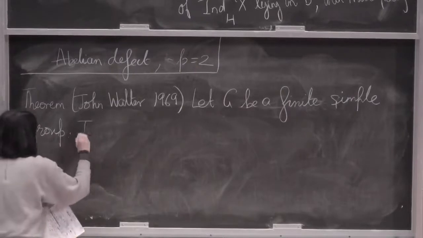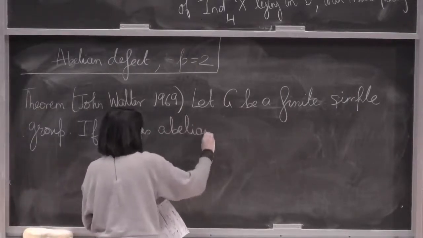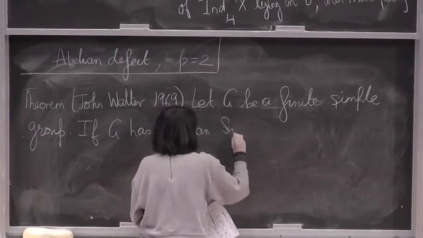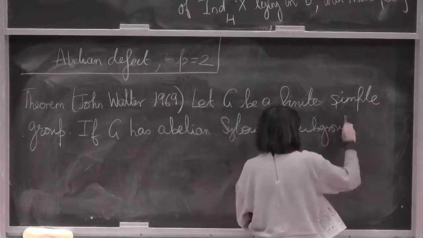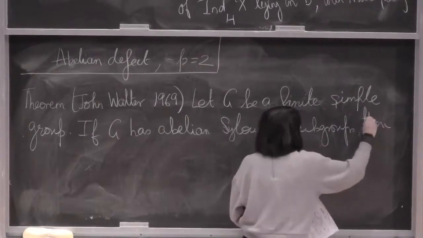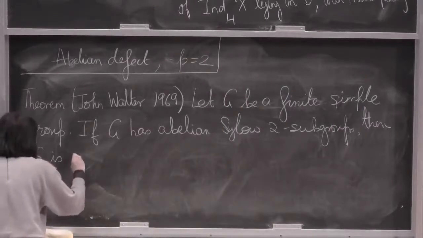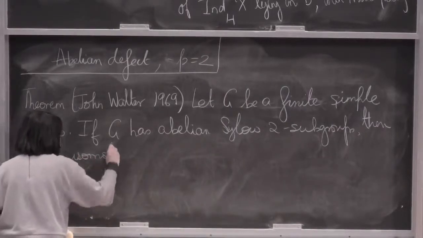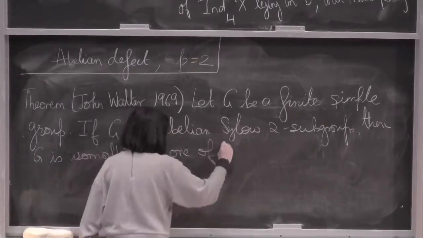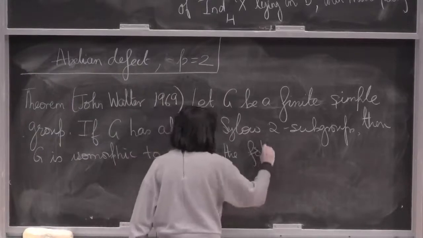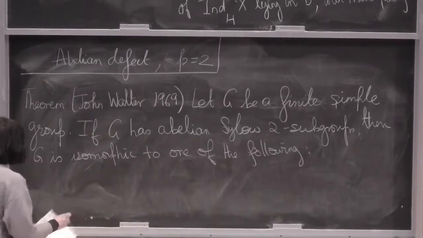If G has abelian Sylow 2-subgroups, then G is isomorphic to one of the following simple groups.